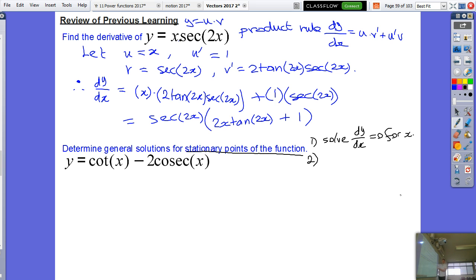Okay, and then whatever that equation becomes, we have to identify what's going to be our general solution for the circular function we're looking at. And what kind of differentiation technique do we need?